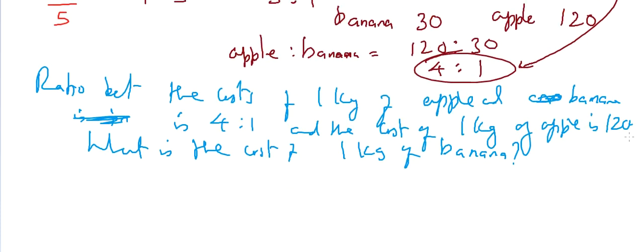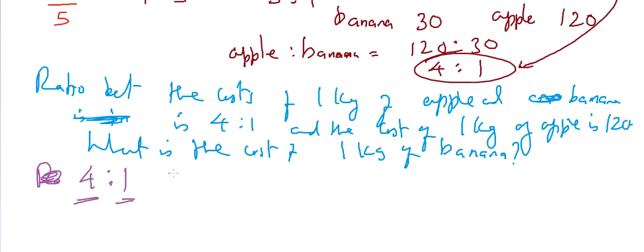So how to find this? See what the ratio is given. The ratio is 4 is to 1. So whenever a ratio is given, we can take 4 to represent the cost of 1 kg of apple, and the second one to represent the cost of 1 kg of banana, isn't it?